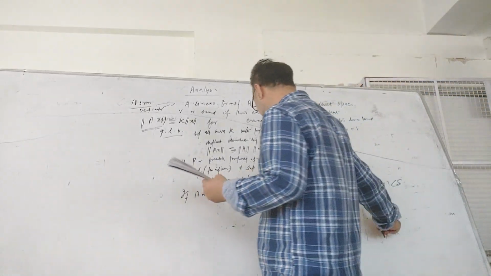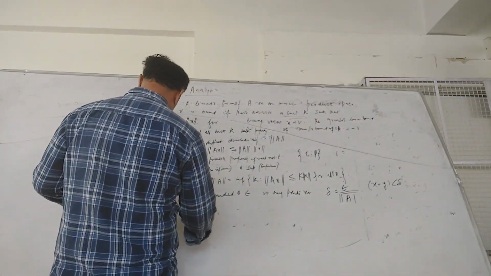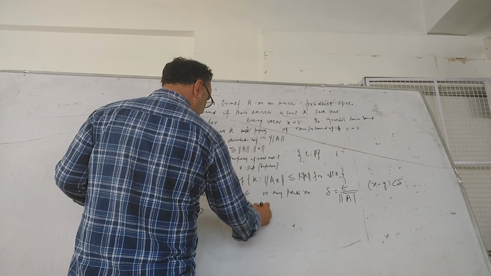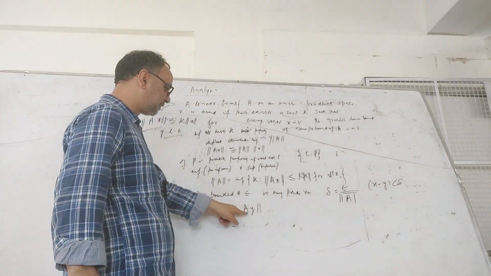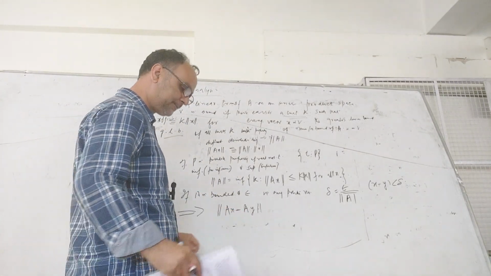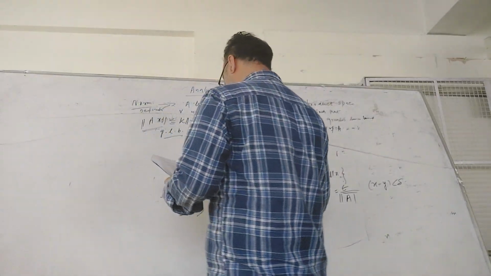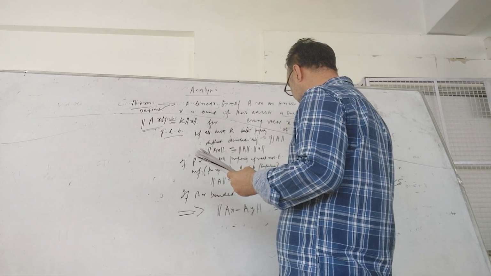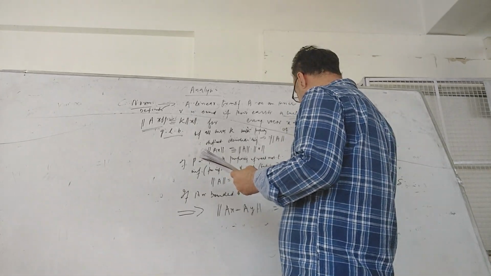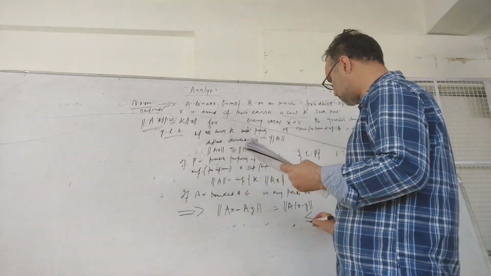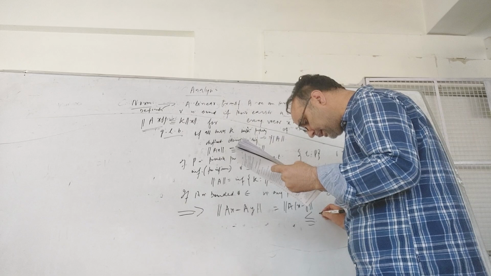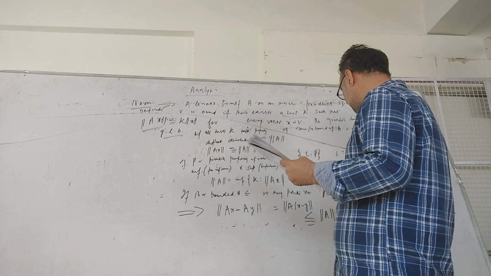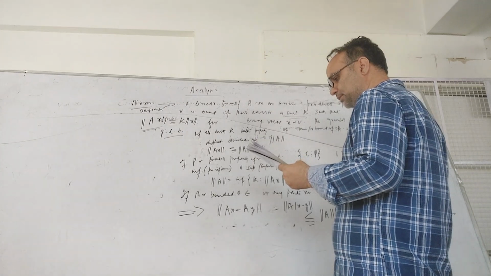From this it implies, or you can argue, that the modulus of Ax - Ay, for two numbers x and y, or you can say A of (x - y), can be less than or equivalent to the modulus of A times the modulus of x - y, which is less than epsilon.